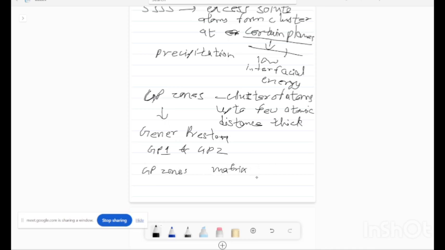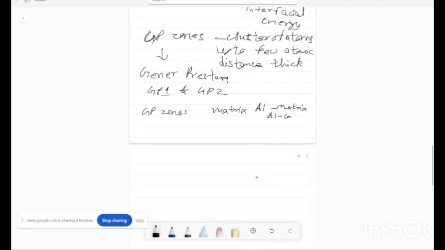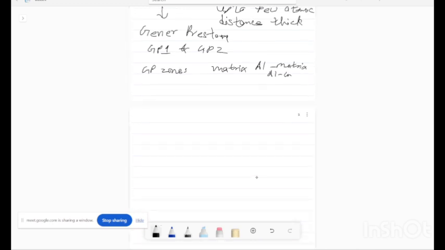Means you take the aluminium matrix or aluminium copper, or say for the 2000 series. So the GP zones have a mismatch boundary with the matrix. So that mismatch creates the lattice strain around the matrix.